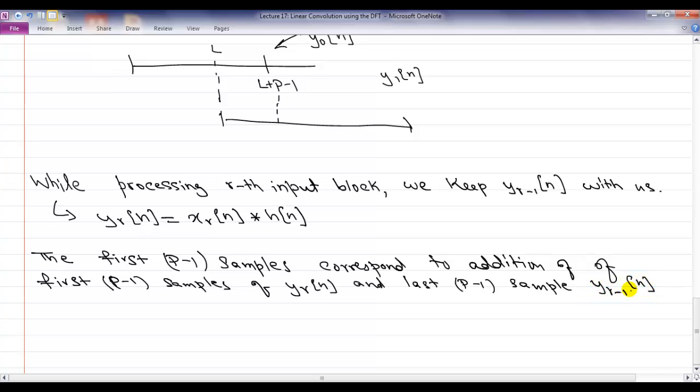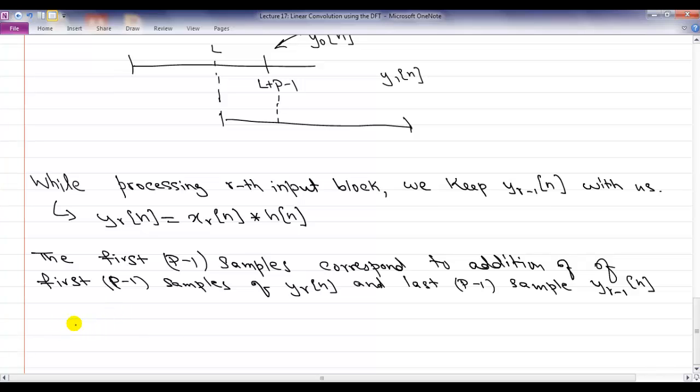So you get the new block, and you output P minus 1 samples by taking the sum of your newest P minus 1 samples and the last P minus 1 samples of the previous block. So you compute that.